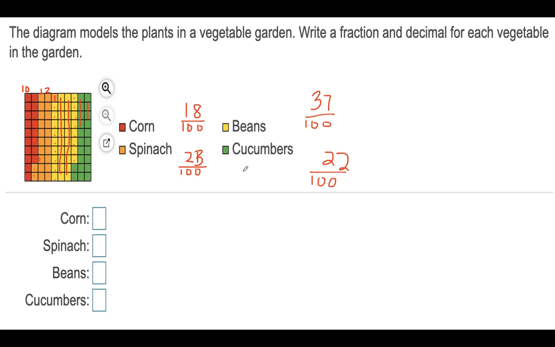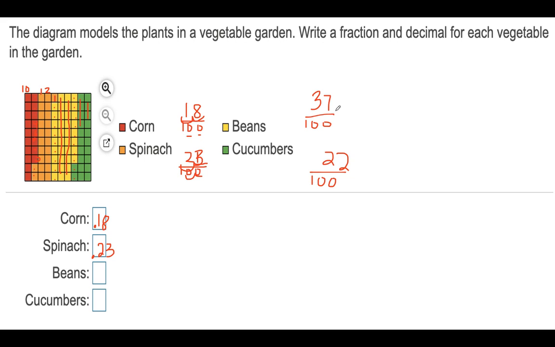All right. So now I need to represent 18 hundredths as a decimal. So I know that there's 2 zeros. So I'm going to go back 2 spaces. 1, 2. So that's 0.18. I have 23. I have to go back 2 spaces. So that's 0.23.